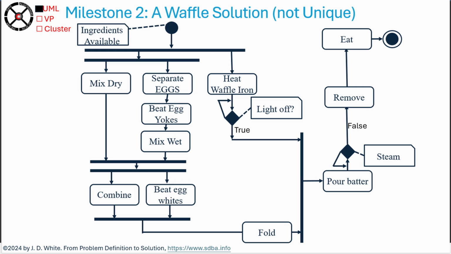And I've got to check to see when the light warms up, then pour batter on the iron. Okay. I'll put a loop here, and maybe a comment. Light off. Okay, there's my comment, and I'm going to get my comment bar.